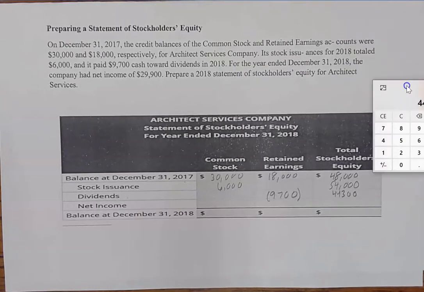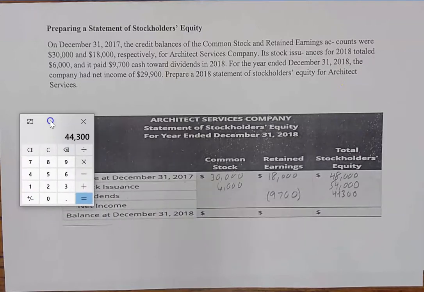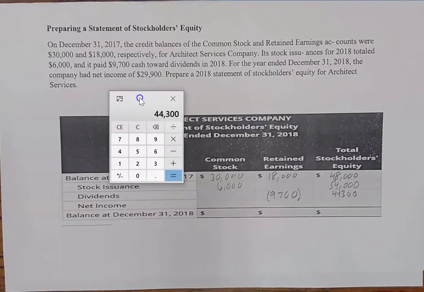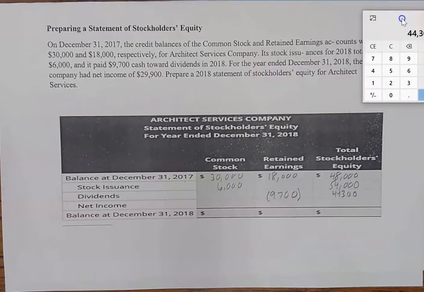And then, let's see here, what else do we have? It says the company had net income of $29,900. What we want to understand is that net income flows; whatever we don't pay out in dividends goes into retained earnings.